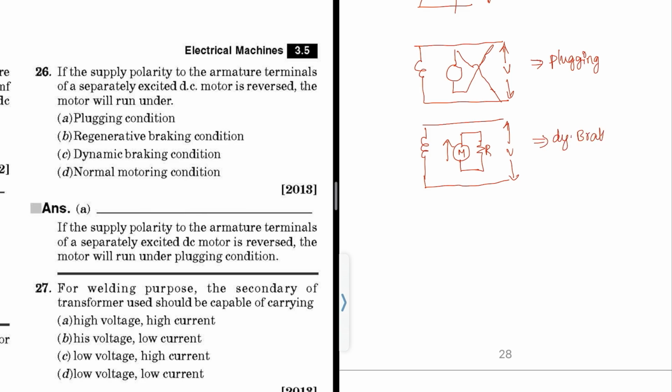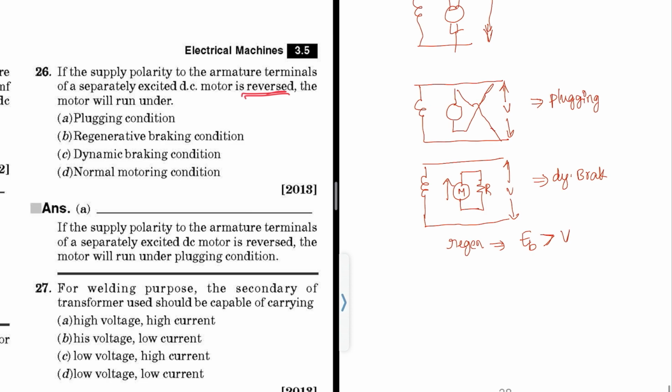In general, regenerative braking happens when the back EMF is greater than the supply voltage. So if you observe this, the supply polarity to the armature terminals is reversed. Supply polarity means this one. So this condition is called plugging.